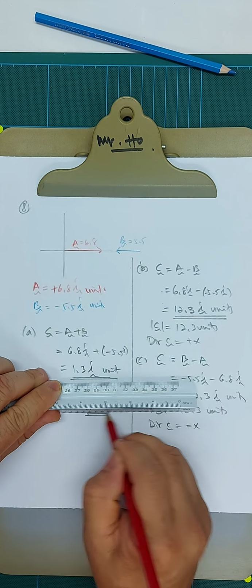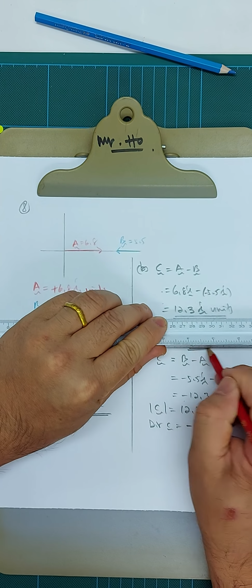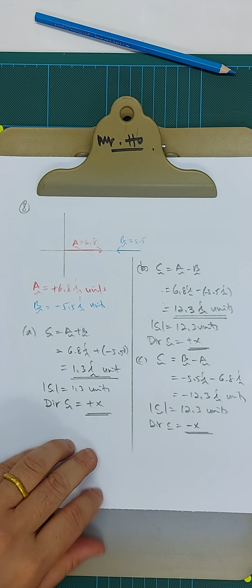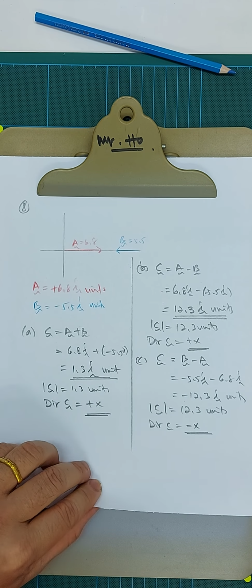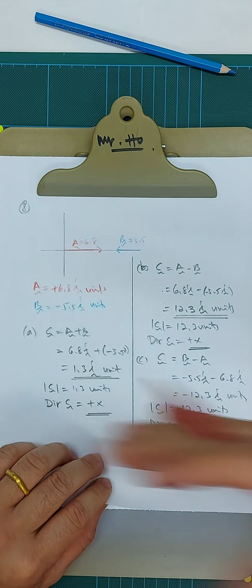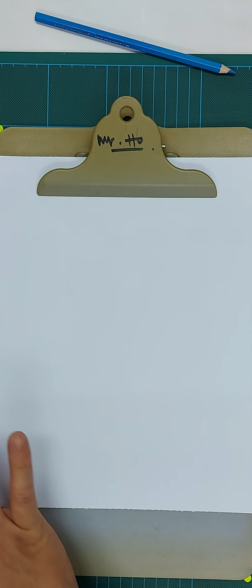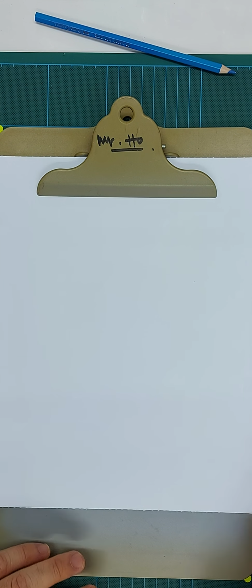So this is the information you can get by using the component method. That's it for question number 8. It's quite easy because it's only one horizontal direction. Next one is number 9.